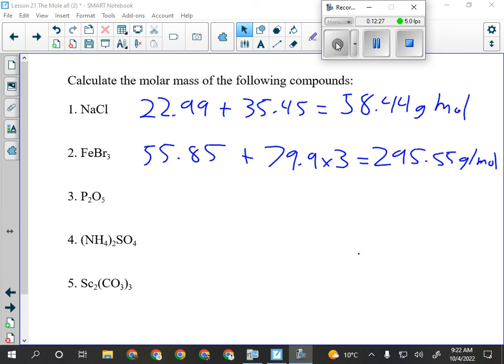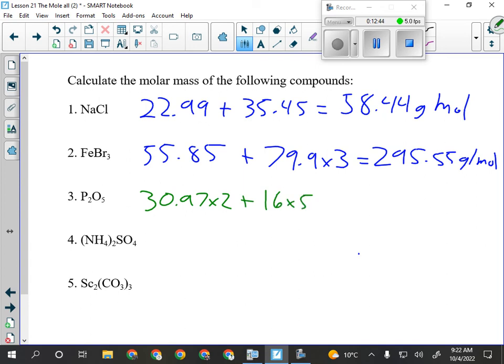Let's look at number 3 here. We've got diphosphorus pentaoxide. So we're going to go 30.97 times 2. That'll account for our 2 phosphorus atoms. Plus 16 times 5. That'll account for our 5 oxygen atoms.